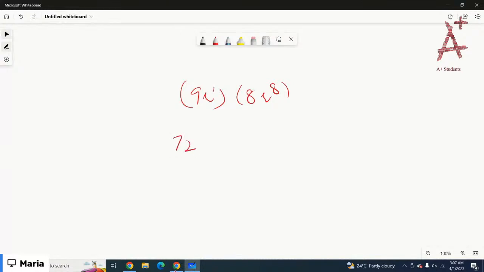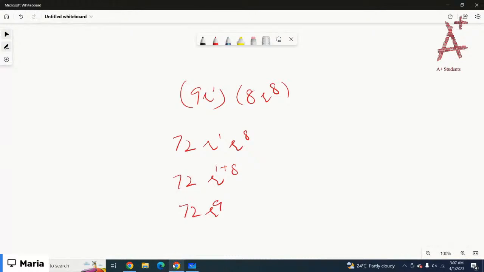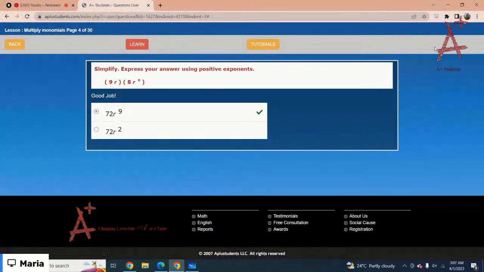And here you have R1 and R8. So when we are multiplying the variables, that means we are adding their powers. So it would be 72R to the power 1 plus 8. So it would be 72R9. Got it? So the correct option is 72R9.